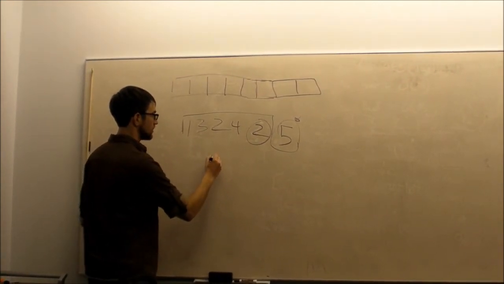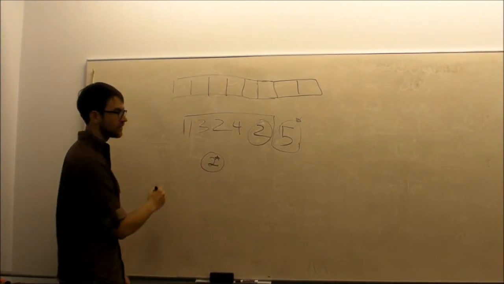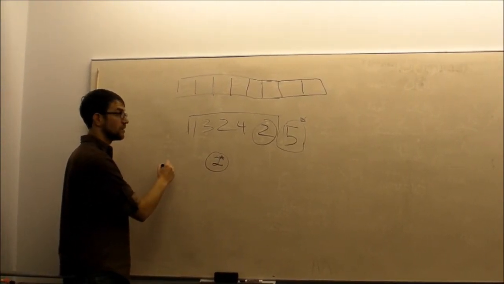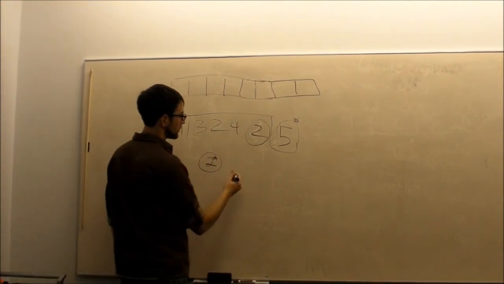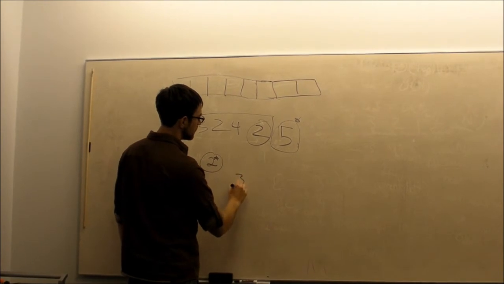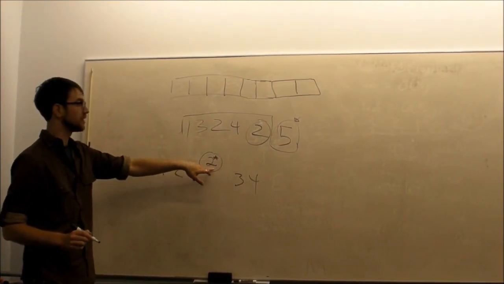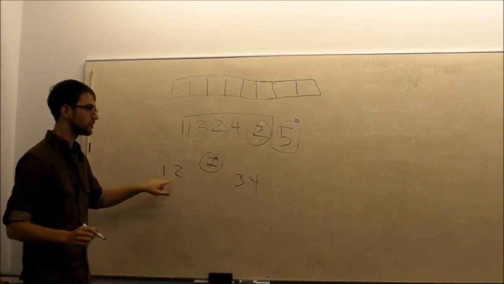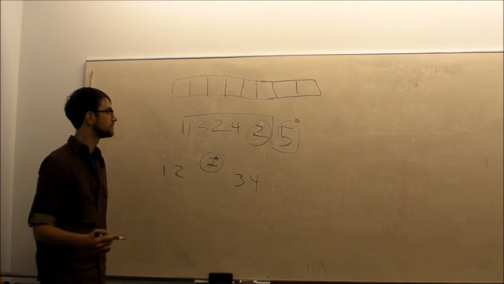And so this is our 2 star. What is less than or equal to the 2 star? 1 and 2. And what's greater than? 3, 4. And so now we've determined that this belongs here, and there are 2 positions above it and 2 positions less than it. And we just do exactly the same thing.